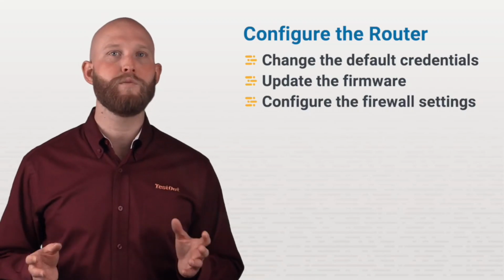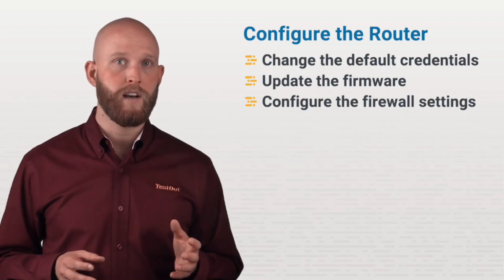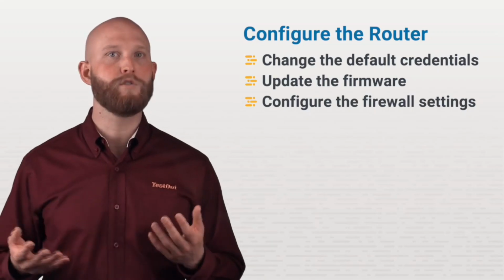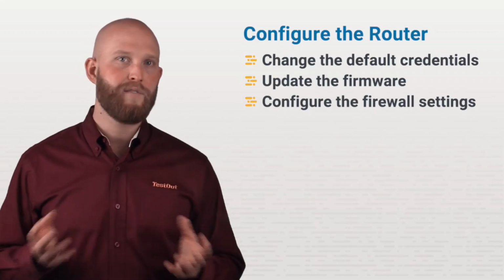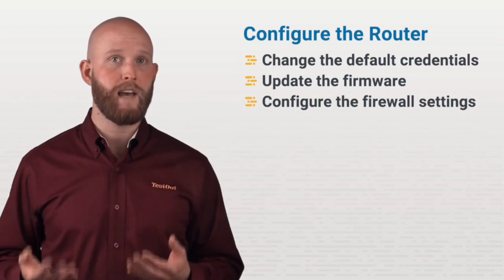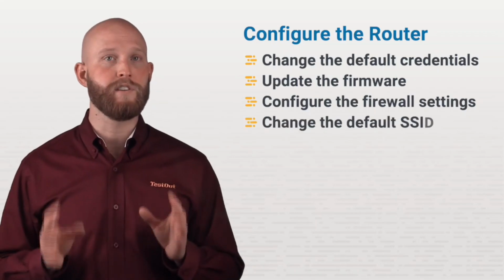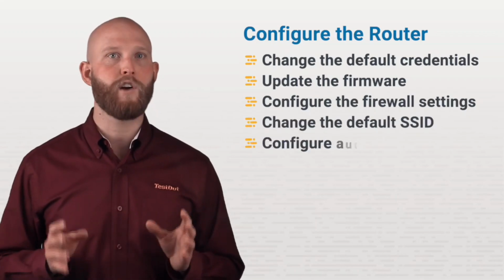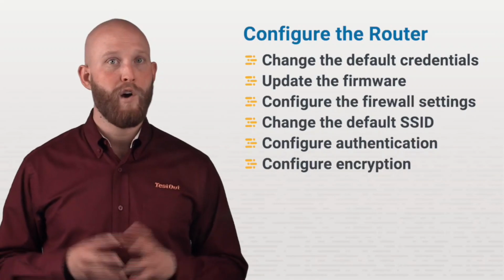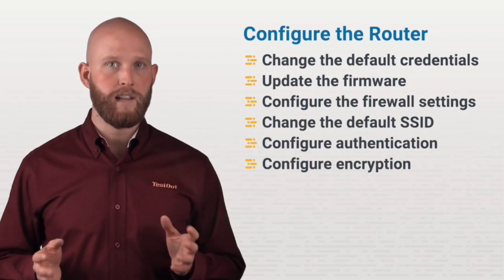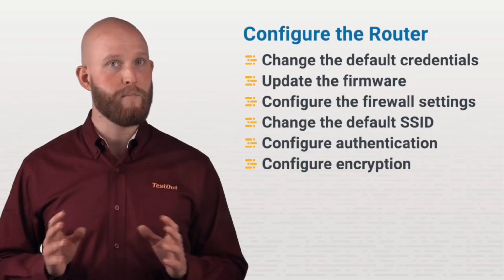The firewall can also be used to block specific services, such as torrent applications that use up a lot of bandwidth. If the router also functions as a wireless access point, you should also change the default SSID and configure authentication and encryption. For most SOHO environments, selecting WPA2 Personal is the best wireless configuration.